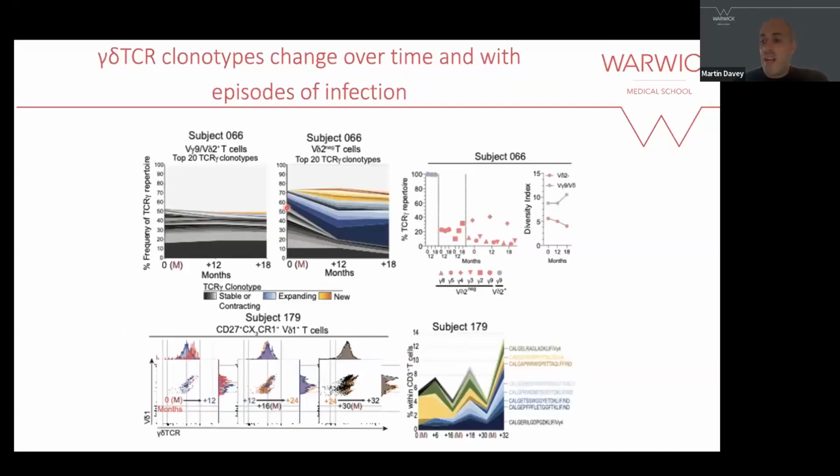So then we looked at some of their clonotypes using iRepertoire's sequencing technology, and in the V delta 2s, there was little change in the clonotype structure over time, whereas the V delta 2 negatives, and again, these were mainly V delta 1 clones, there were certainly some changes, but these could be attributed to a few things. But it was very telling to see them after a malaria point where they were infected or had symptomatic infection.